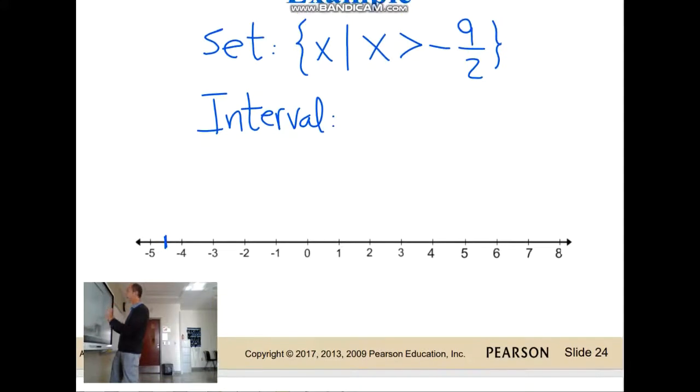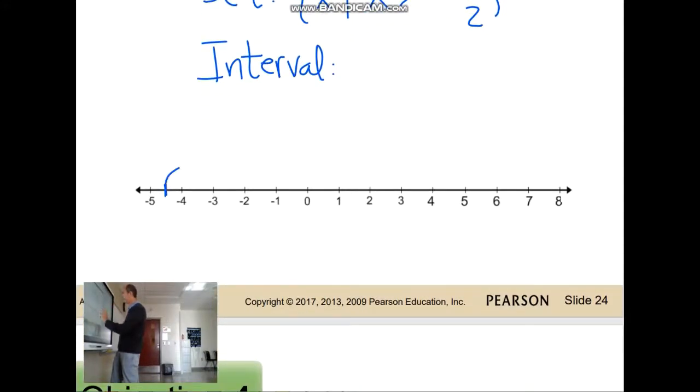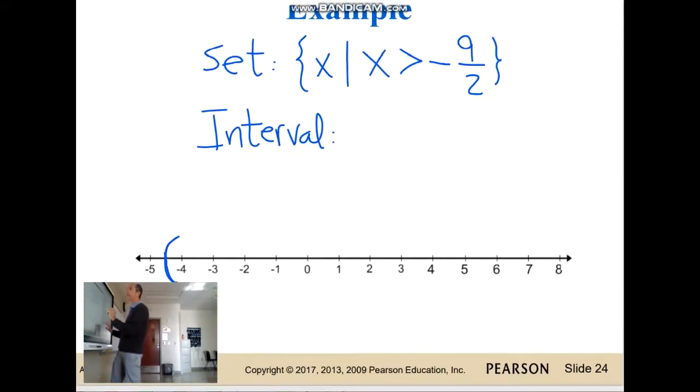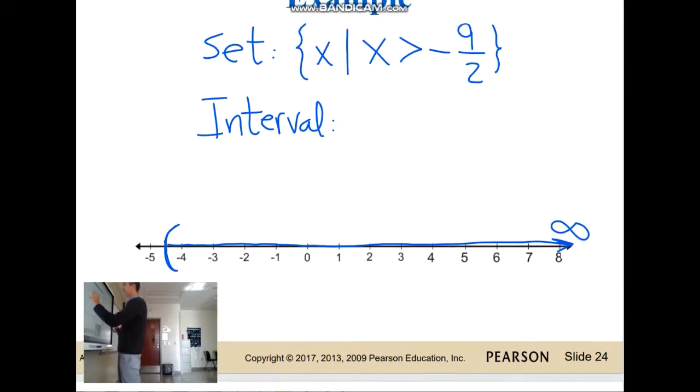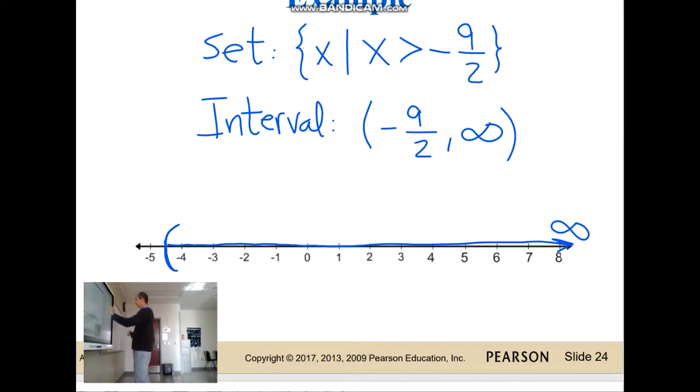And it's not equal, so parentheses. And everything greater than negative 4.5 is included all the way to infinity. Using interval notation, negative 9 over 2, infinity. This is the representation.